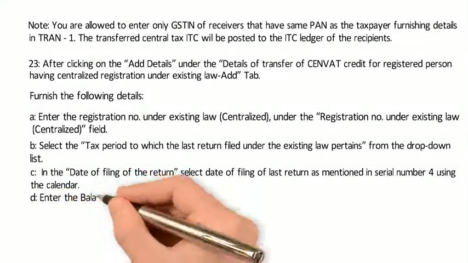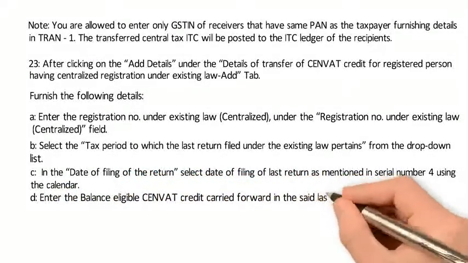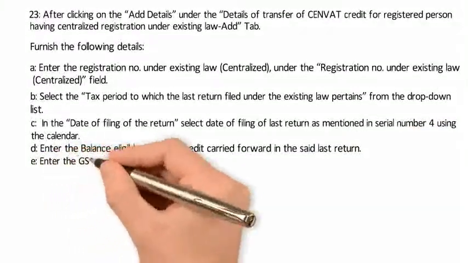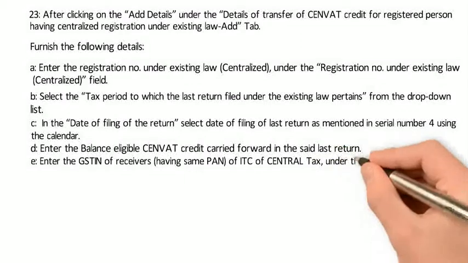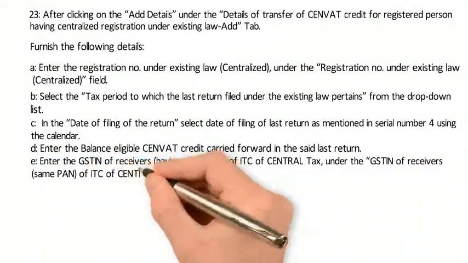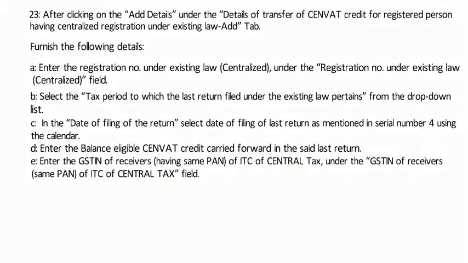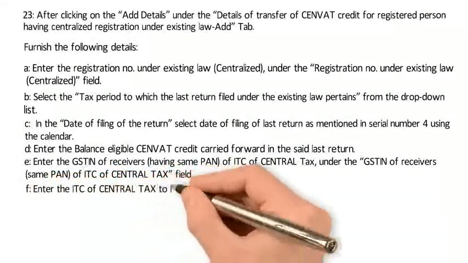D. Enter the balance eligible CENVAT credit carried forward in the said last return. E. Enter the GSTIN of receivers having the same PAN of ITC of central tax under the GSTIN of receivers, same PAN of ITC of central tax field.